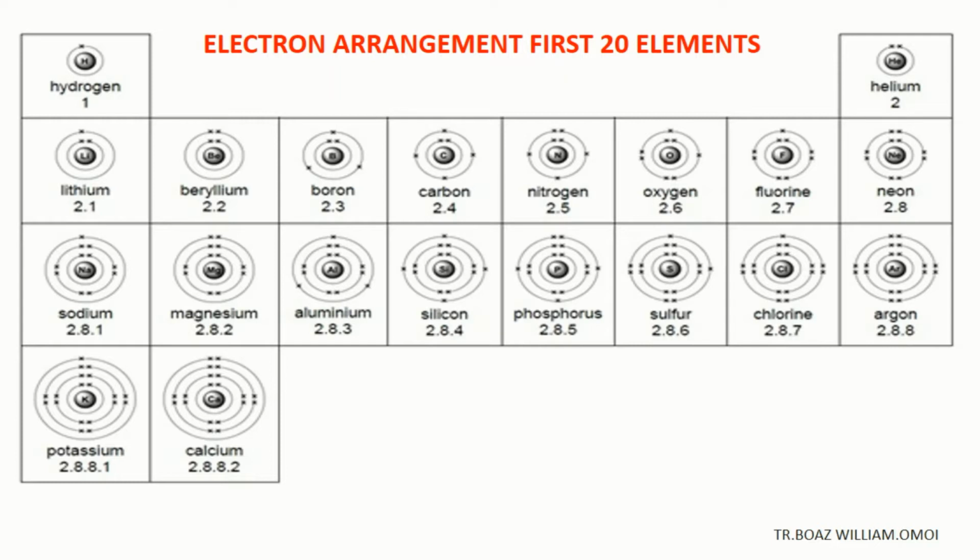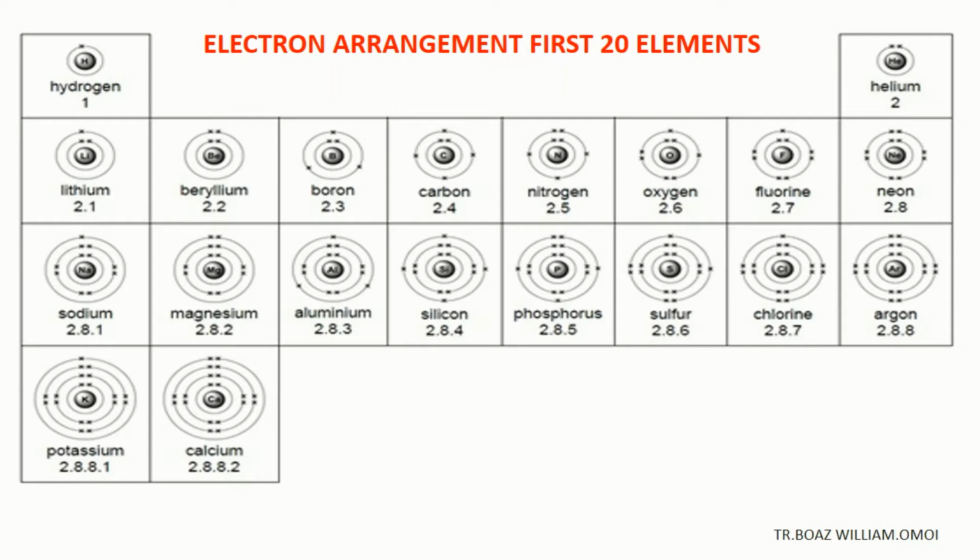The arrangement is 2-8-8. Now if you look at helium, neon, and argon, helium has 2 electrons only, so the arrangement is 2. It has a duplet state. Neon is atomic number 10 with an arrangement of 2-8. So it has 8 electrons in the outermost energy level.